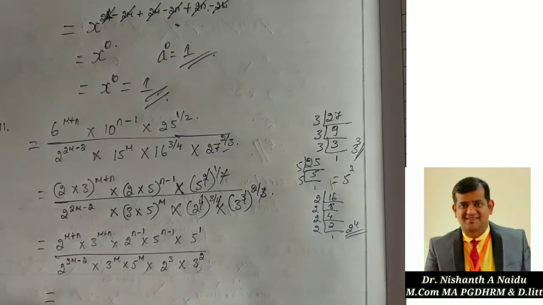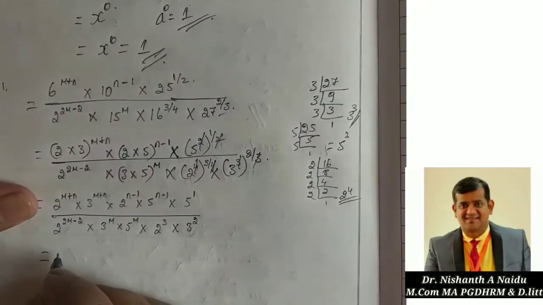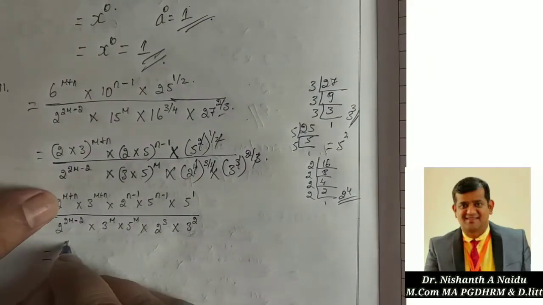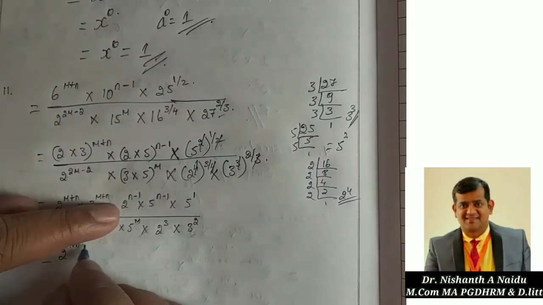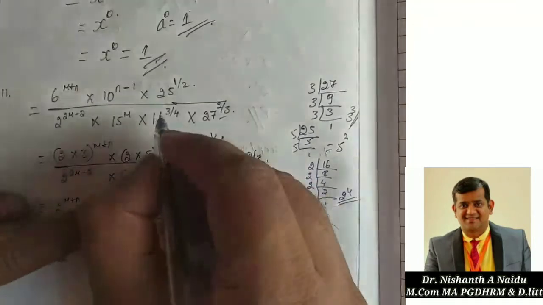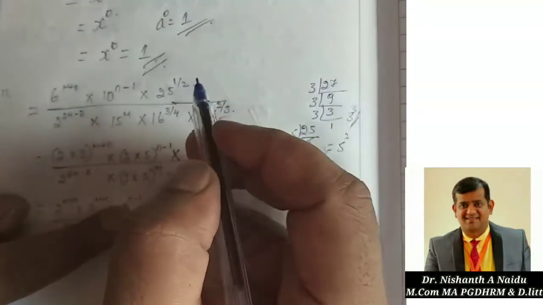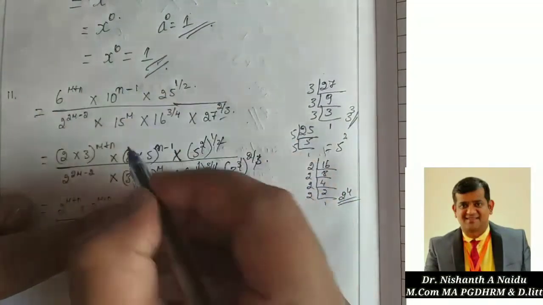So now the common bases, we are going to add the powers. Only the base value will remain the same: 2 to the power m plus n plus m minus 1. This is m, I'm sorry.